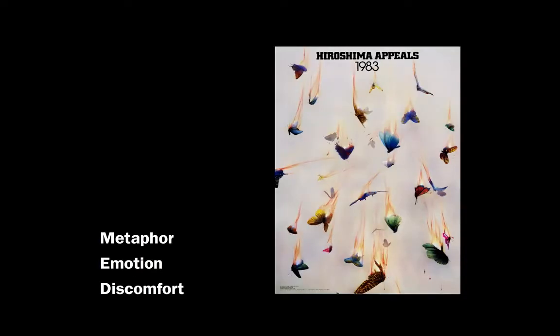Here's another one where we're dealing with visual metaphors. This is the burning butterflies, a famous poster. Again, kind of a commemorative or memorial of the nuclear bomb drops from World War II in Hiroshima. And here, something as light and delicate and beautiful as a butterfly, to see those burning and falling to the ground, there's so much cognitive dissonance here.